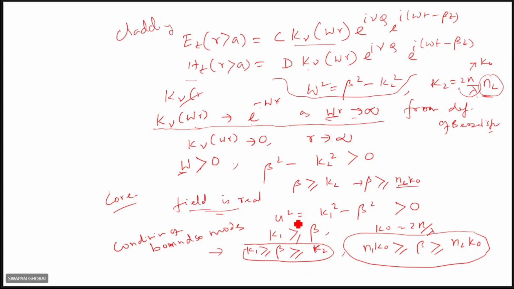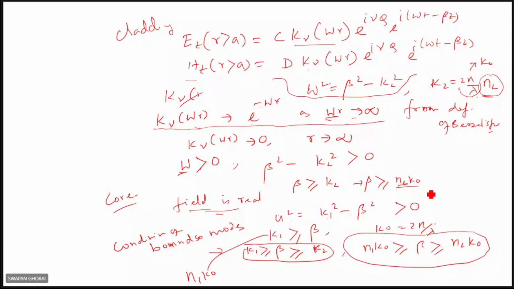In this case, U square equals K1 square minus beta square, and this U must be greater than 0 since the field is real. That means K1 must be greater than beta. K1 corresponds to N1 K0.